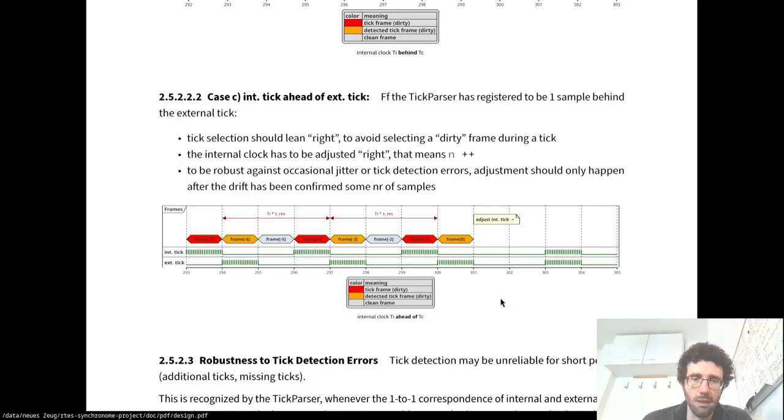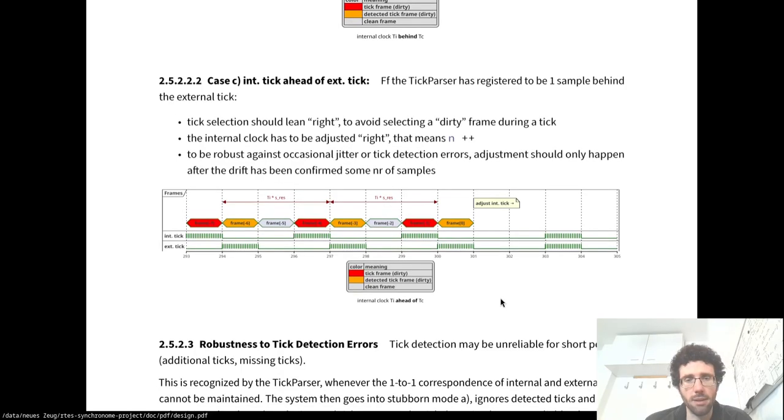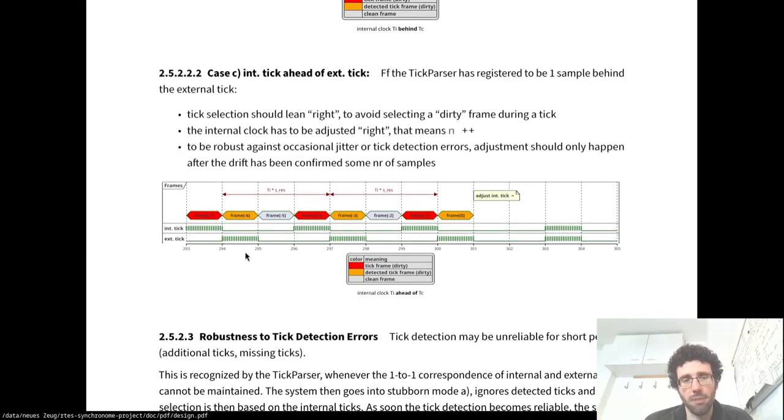Additionally, the system is now possible to be made robust against occasional errors in tick detection, and that works by the tick parser noticing if the one-to-one correspondence between internal and external ticks breaks, and whenever that is the case, it can simply go back into stubborn mode, ignore tick detection information, and simply run on internal ticks and base the decisions on the numbering of frames.